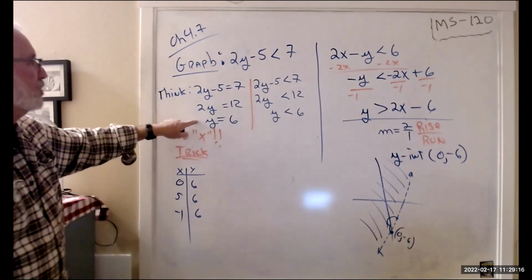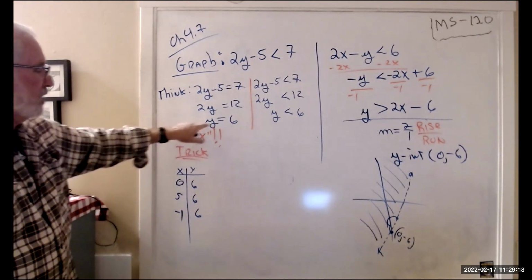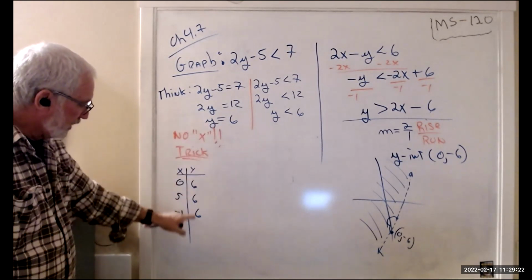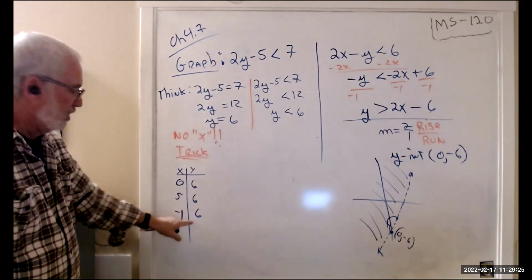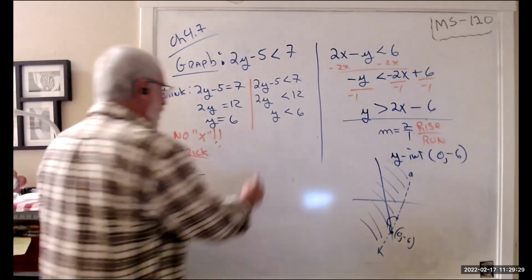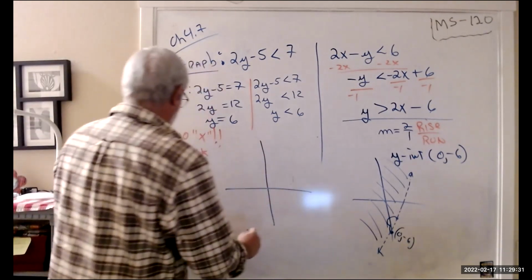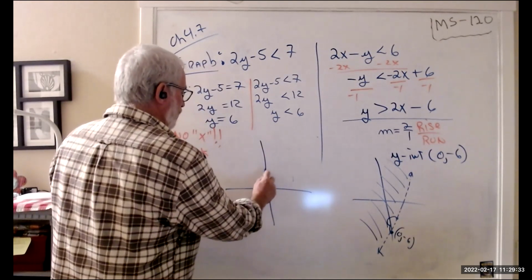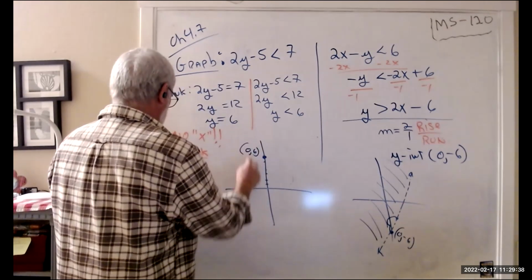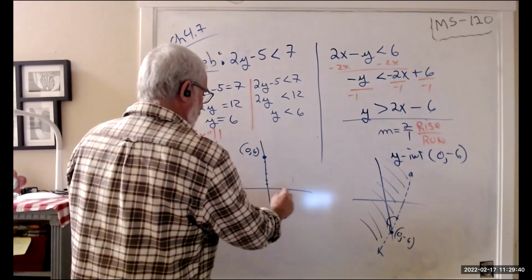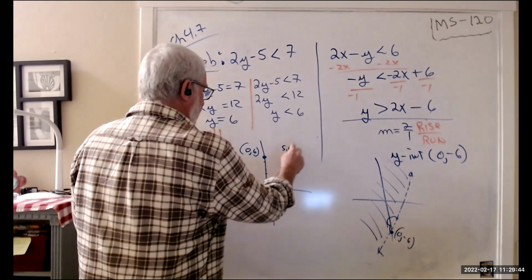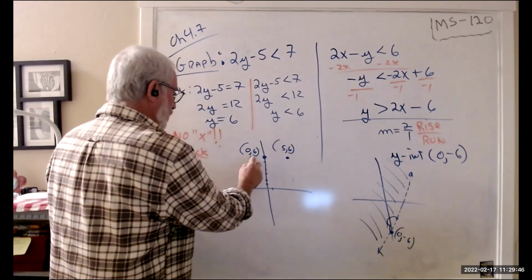When you have an equation and one variable here, it's saying Y is locked in at that value, 6. X can be anything you want. So when we plot that, 0, 6, here's 0, 6, 5, 6. Looks like right about there. -1, 6.